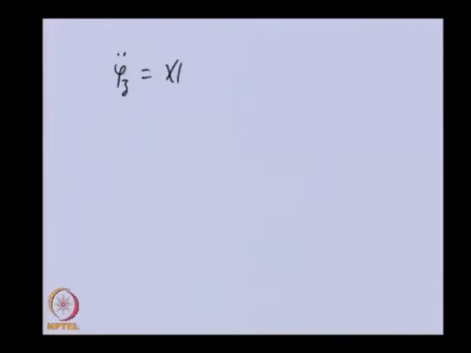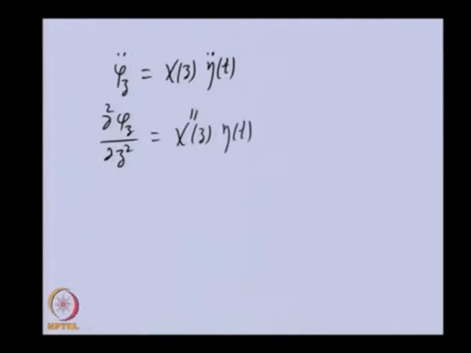Obviously this will not differentiate the chi function, only the eta function, which is time dependent. If I differentiate with respect to Z, it goes into chi; I am representing that with a prime to denote the partial derivative with respect to Z, and eta stays as it is.